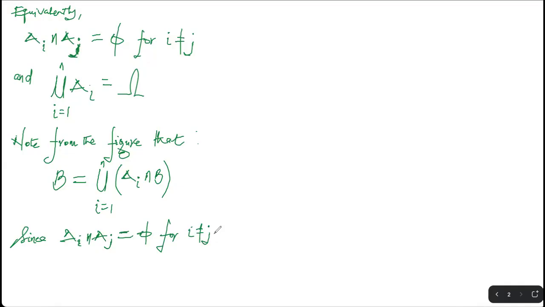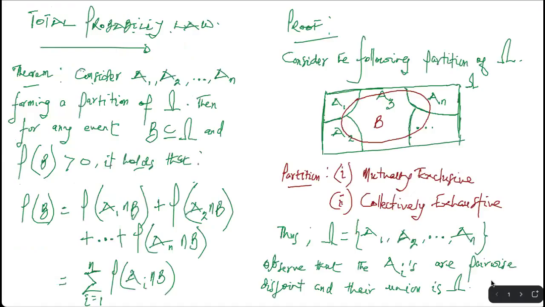then we can also argue that if you take the same statement, then it means that every AI intersection B, if you intersect it with another AJ intersection B, there should be an empty set. Let's go back to the figure to explain this. The pairwise disjoint idea simply says that A1 intersection A2 is empty, A1 intersection A3 is empty, and so on and so forth.